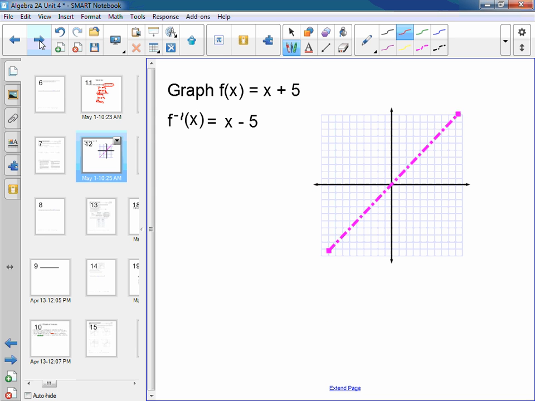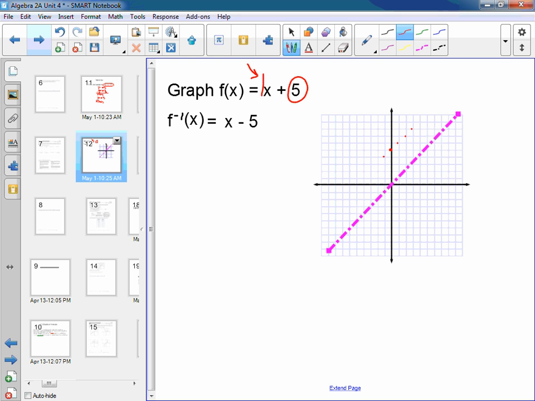All right, so this section was called graphs of inverses. Well, let's look at the graph of these two. The first one, x plus 5. If you remember graphing, this is slope-intercept form, so 5 is the y-intercept. So if we go to 5, 1, 2, 3, 4, 5, that's my y-intercept. And my slope, remember y equals mx plus b? 1 is my slope, so up 1 over 1.